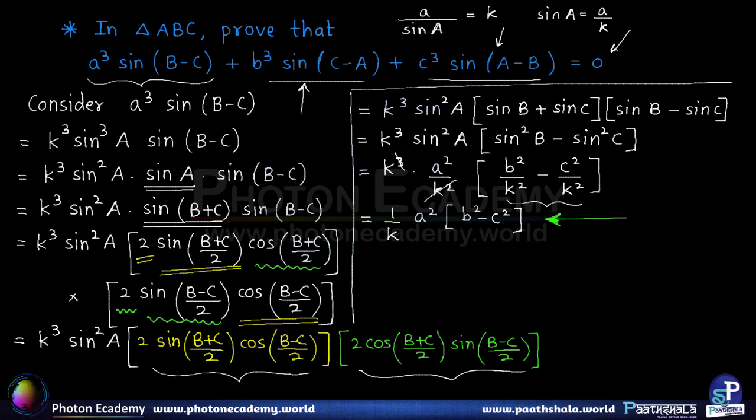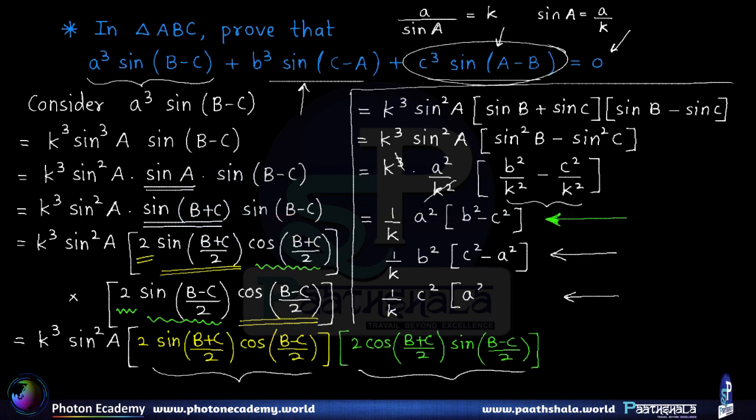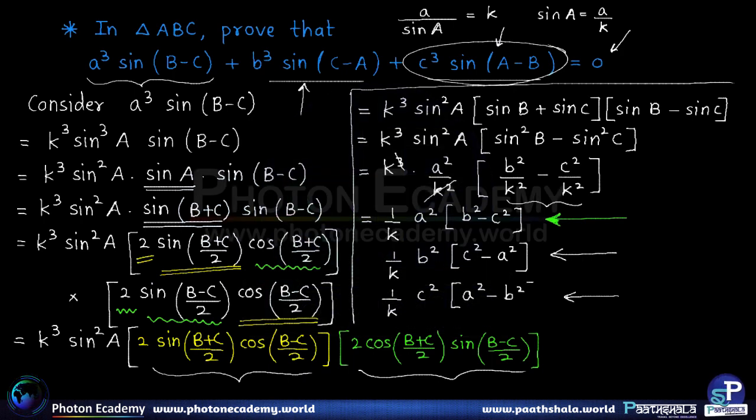The second term can be written as 1 upon k, B square into bracket C square minus A square, right? This is the second term, and the third term, that is C cube into sine of A minus B, can be similarly simplified as 1 upon k into C square into bracket A square minus B square.